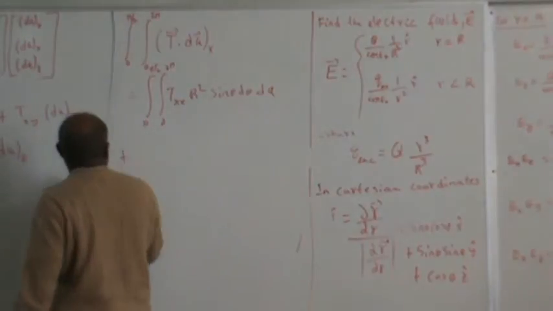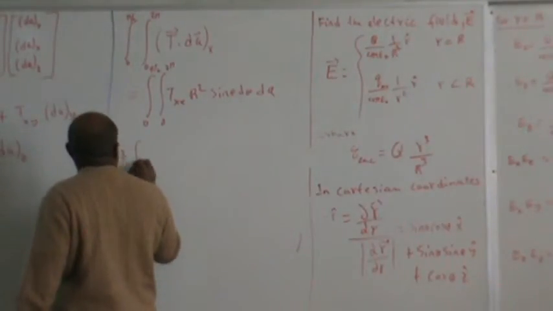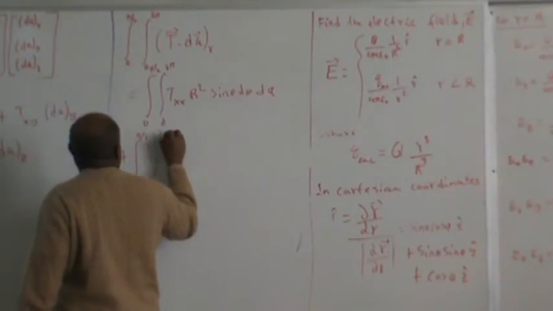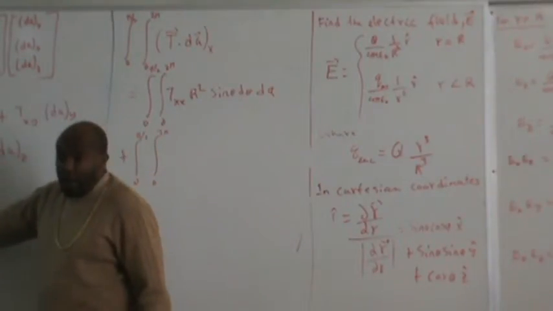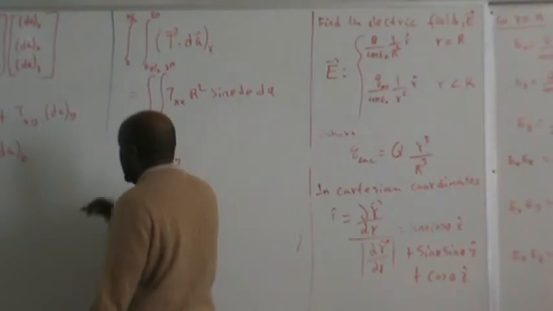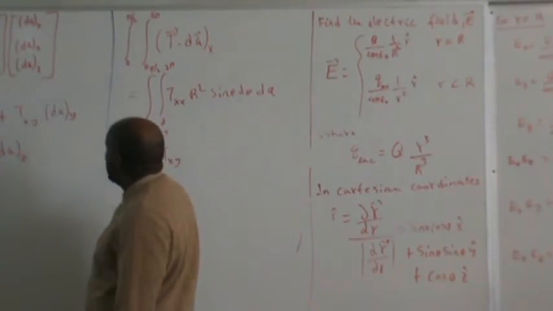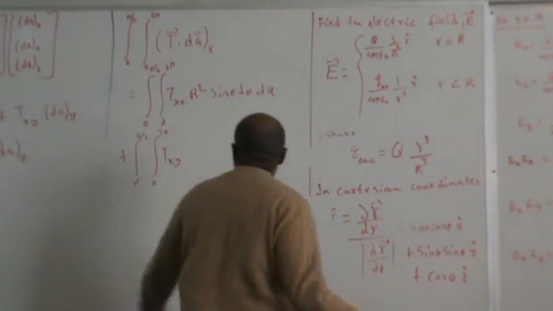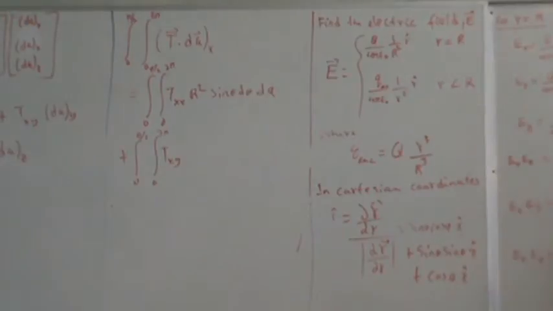plus the integral from 0 to pi over 2, from 0 to 2 pi. And this one, if I write Txy, that's going to be Txy times what? dAy, right? So dAy is this.